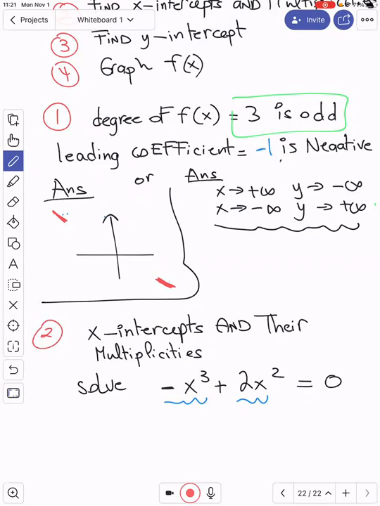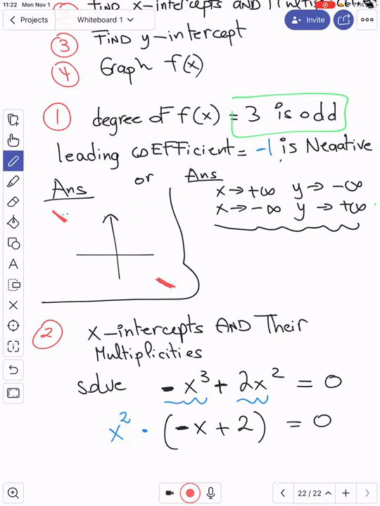So we can factor out x squared. If you pull out the x squared, don't forget this is minus x cubed, so this is minus x, and then there's a plus, times 2, since 2x squared is x squared times 2.